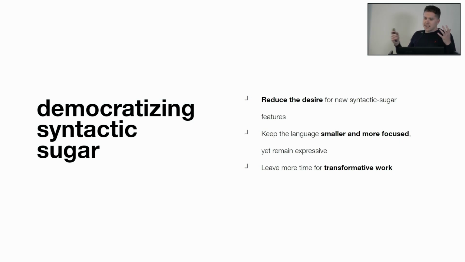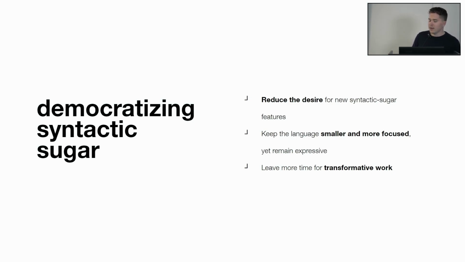So, macros exist in many different languages, and what they all have in common is that they have the effect of democratizing syntactic sugar. So they basically democratize this third language feature category, by giving you, the user of the language, the power to create custom arbitrary language features that add syntactic sugar.